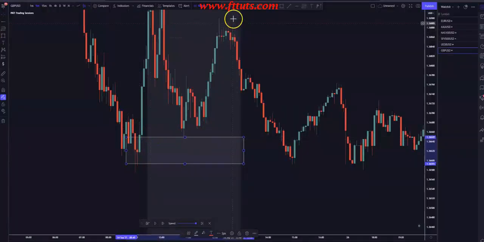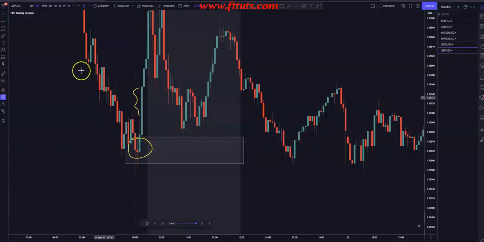This right here is a gap, but that's not where the order started at. The order started down here, and they pushed the demand, and then it came back to that area. So this doesn't count as a gap because when it's a gap, there isn't going to be any pullbacks when that demand is being created.